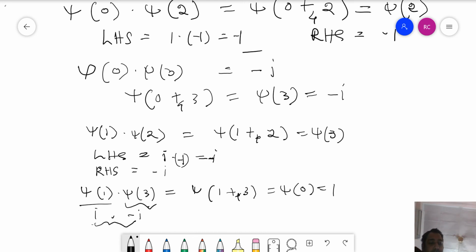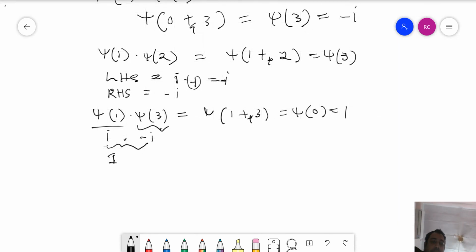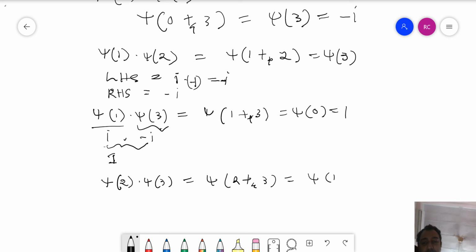If you combine the two, you get 1 as well. So this holds as well. And the last but not the least, we have phi 2 dot phi 3, which gives us phi of 2 plus modulo 4 3, which gives us phi 1, and phi 1 is i. And here we get minus 1 into minus i, which again gives us i.